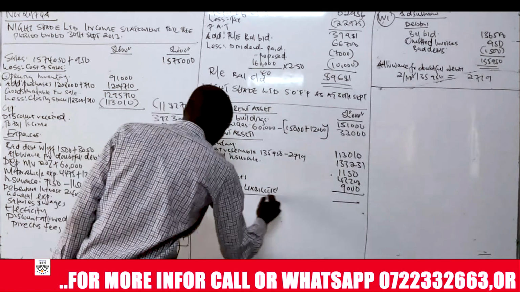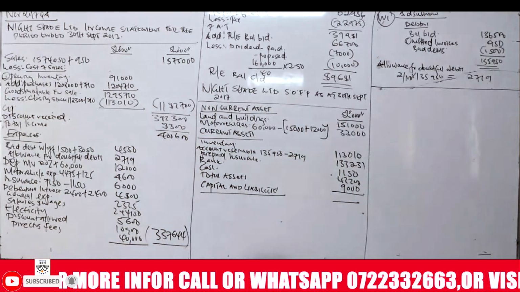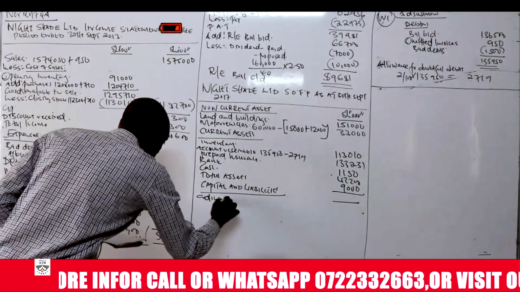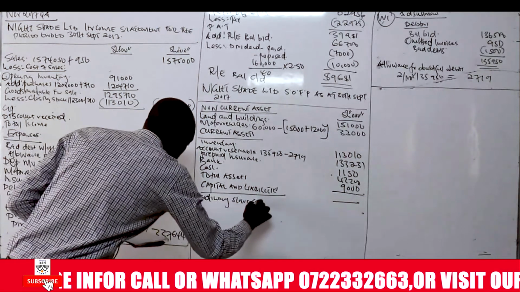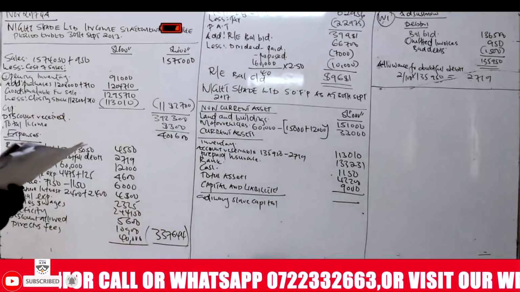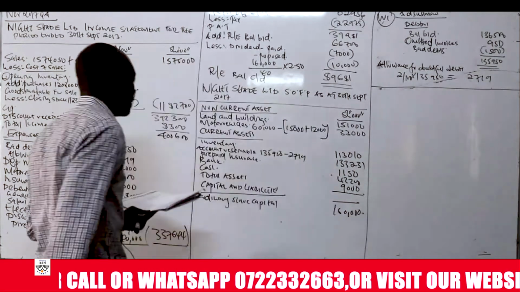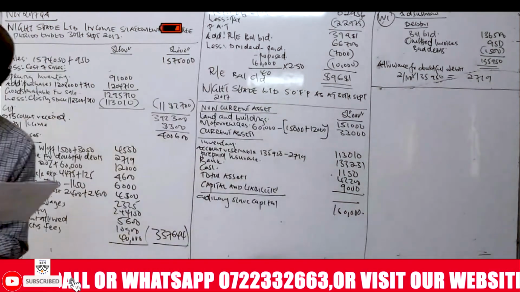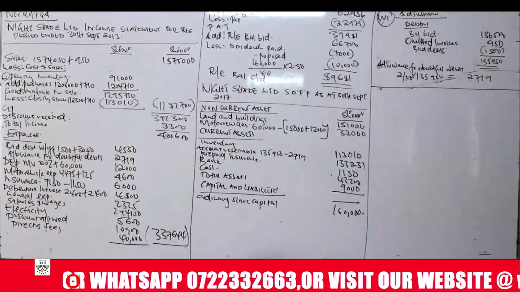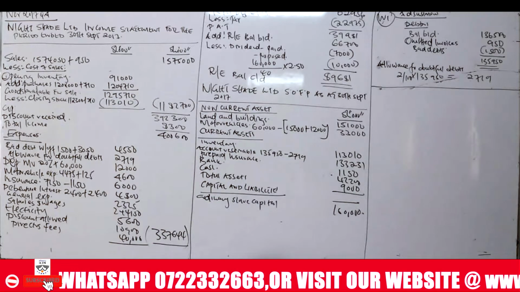So under capital and liabilities, we have ordinary share capital, which is 160,000. And then we have share premium. We said, what is a share premium? Share premium is when the shares are sold at a price above the book value. The amount above the book value is called share premium.